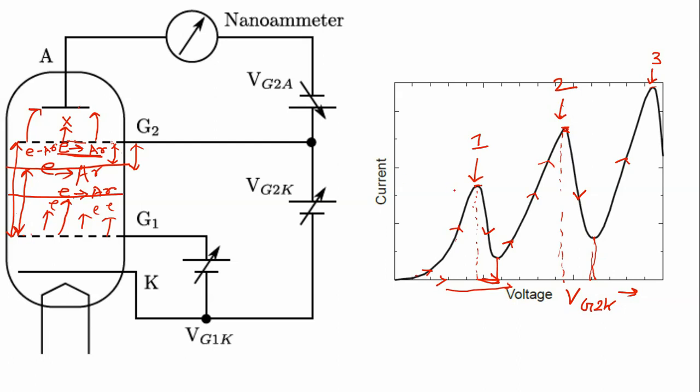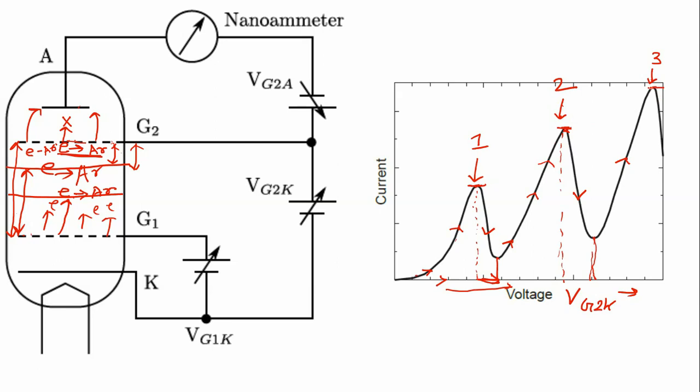Now the question is that you can see that even if the spacing is equal to the first excitation of the argon, there is a constant increase of anode current.